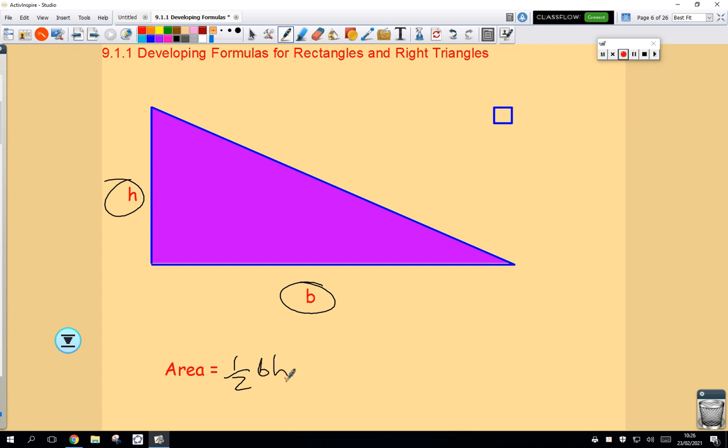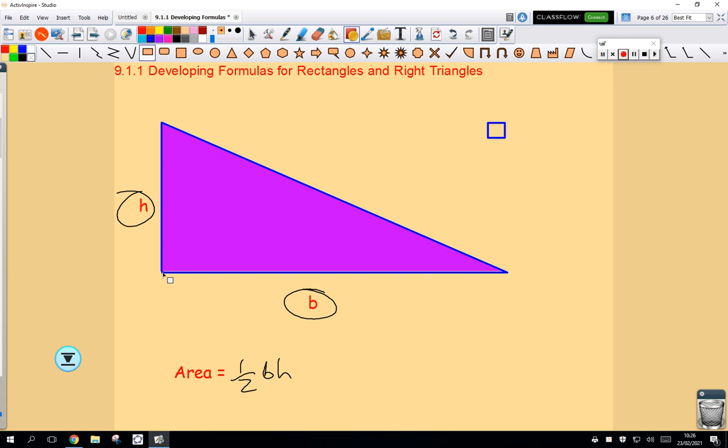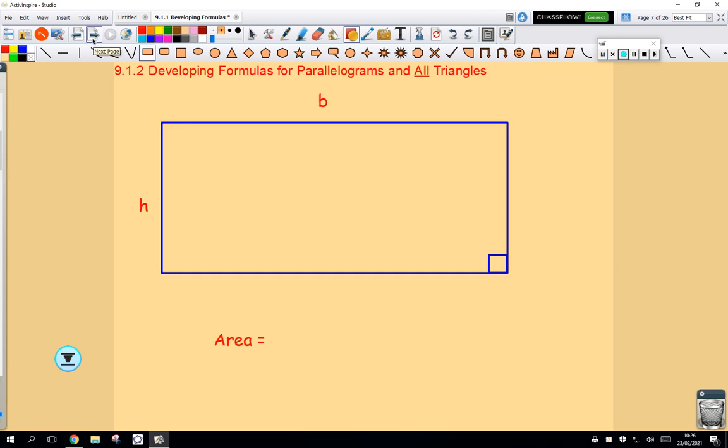Why? Because a right triangle is exactly half of a rectangle, like so. Okay, exactly half of a rectangle. So if it's a right triangle, it's half of a rectangle. So the area of a right triangle will be half the area of a rectangle, the corresponding rectangle.